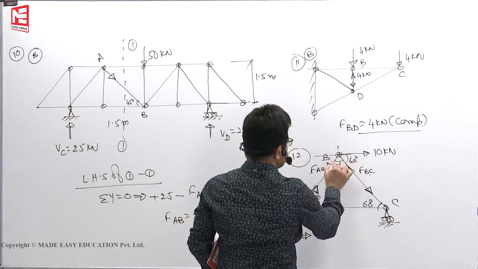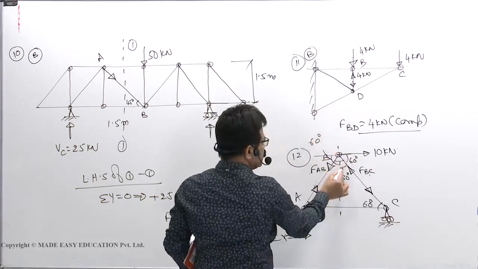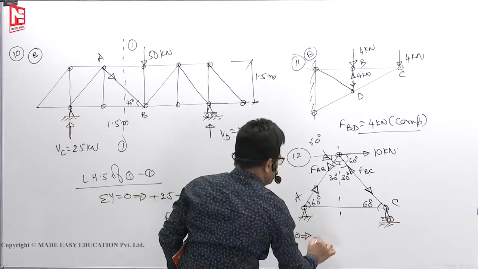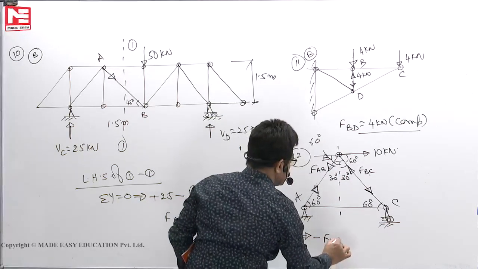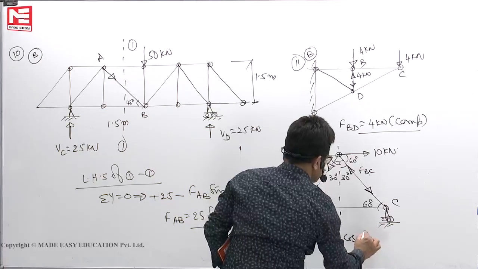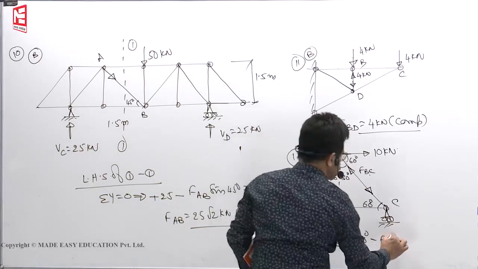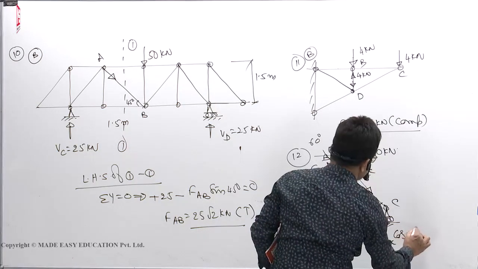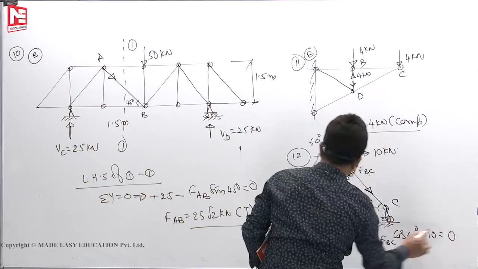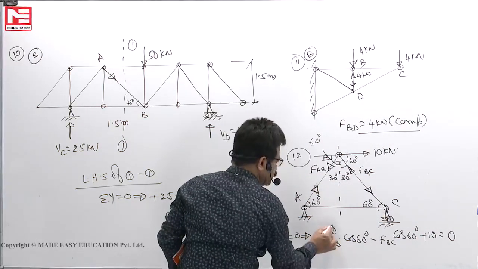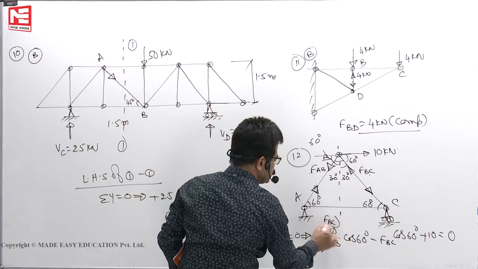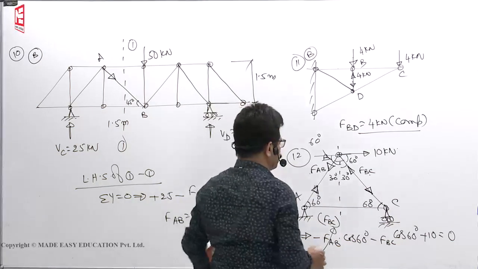This is 60 degrees. This is also 60 degrees. Both arrows are going left side. Minus FAB cos 60 minus FBC cos 60 plus 10 is equal to 0. FAB is nothing but FBC only because of the symmetry.